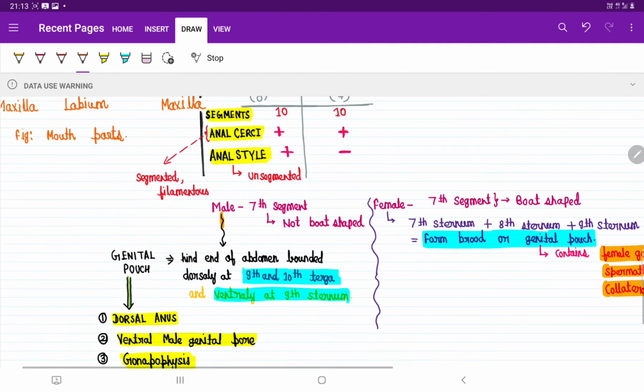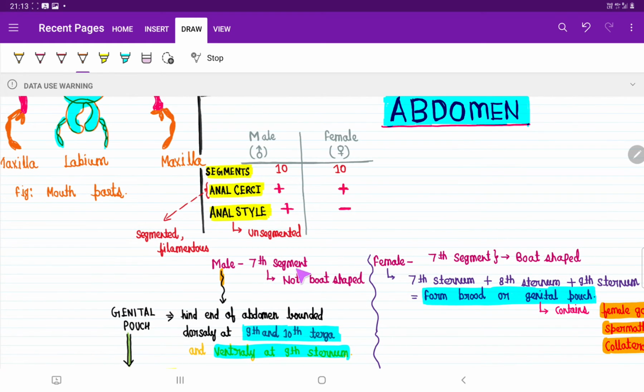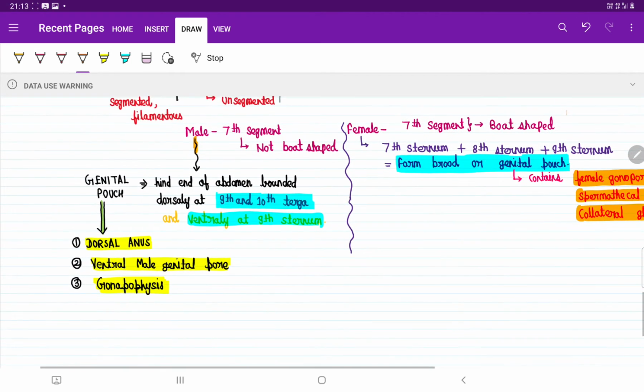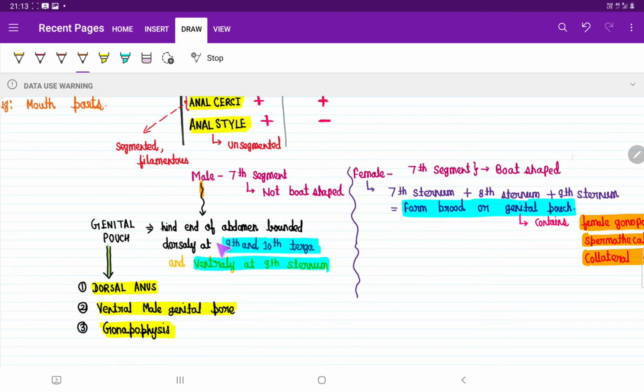Now compare male and female, students. The male has 10 segments in the abdomen, and the female also has 10 segments, but the male's 7th segment is not boat shaped, and the female's 7th segment is boat shaped. At the caudal end, the hind end of the abdomen, at the 9th and 10th terga and ventrally at the 9th sternum, there is a structure called the genital pouch.